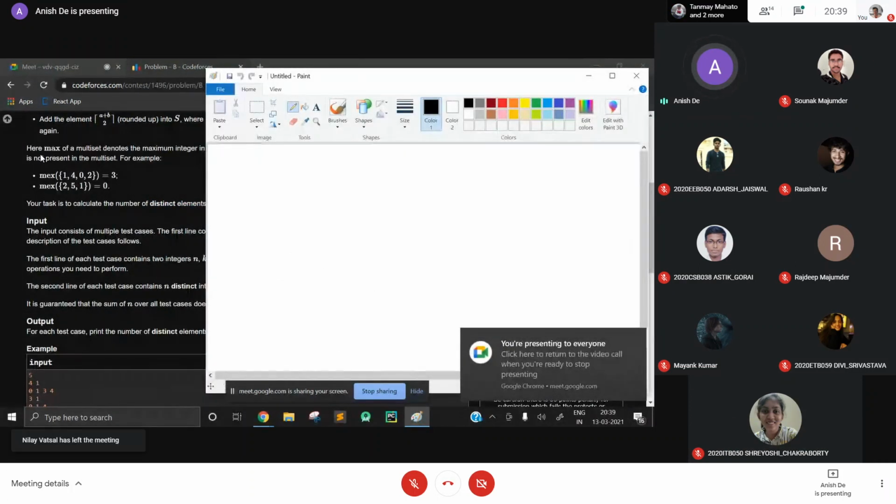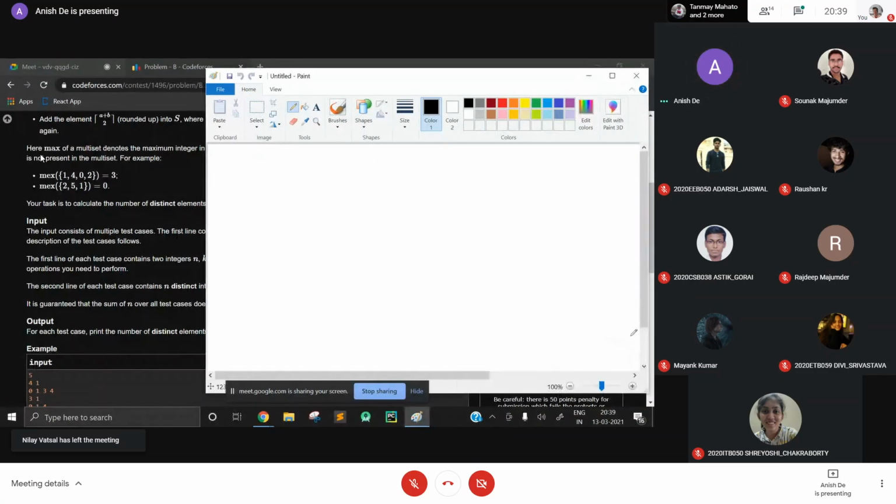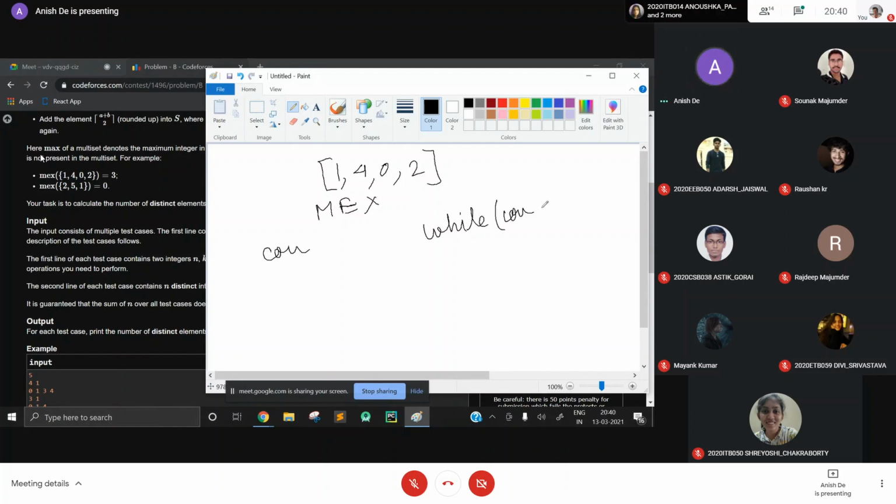So basically, when we are given the multiset, to calculate mex, we keep a counter and run a loop: while the counter is in S, we increment the counter.